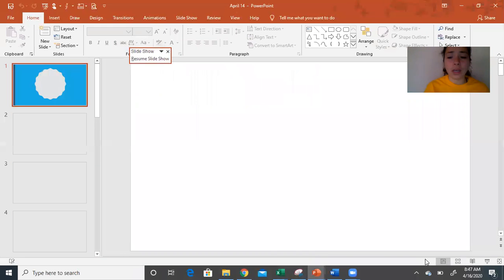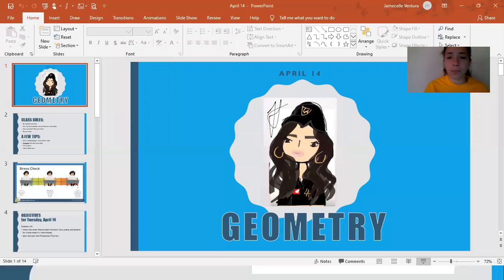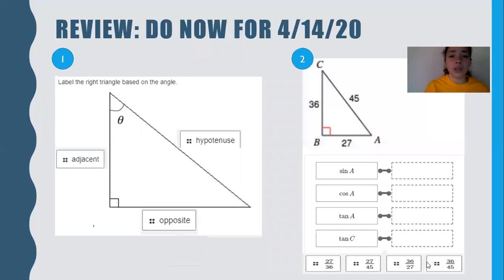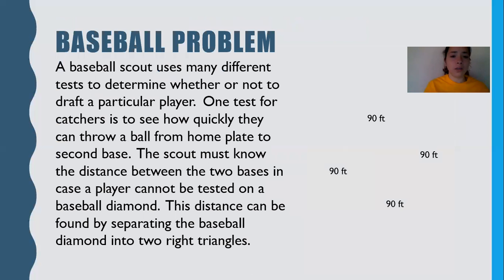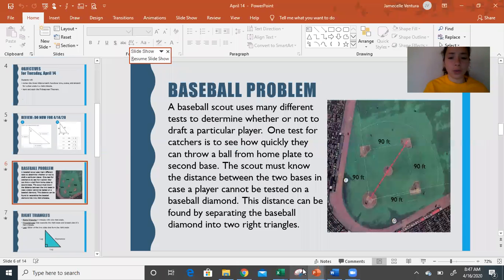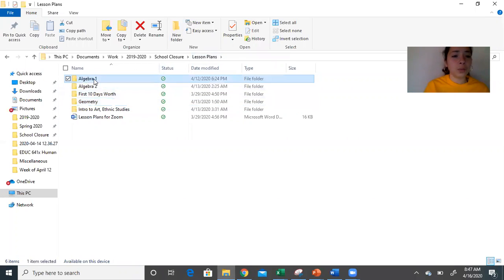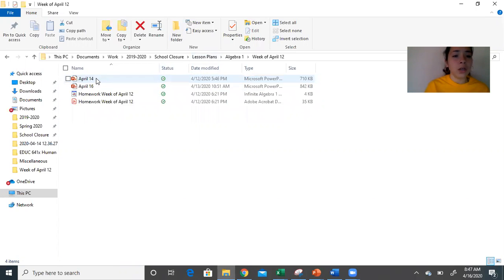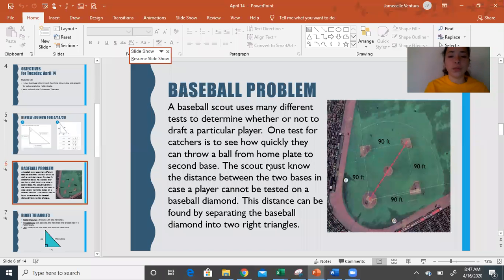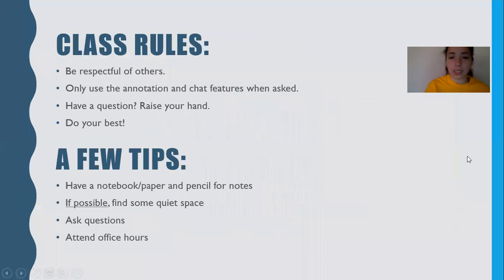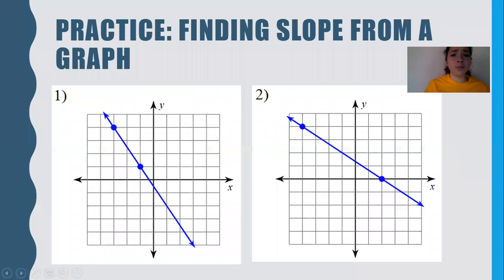This isn't even the right course, this is Geometry. Let's go to Algebra 1. For our last lesson, we reviewed what are called y-intercepts, and we'll definitely practice that today.